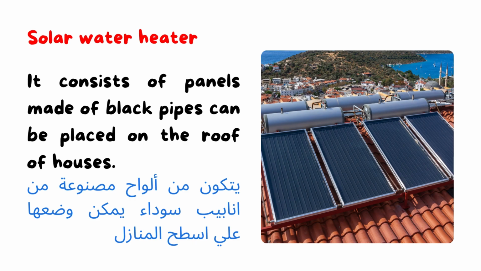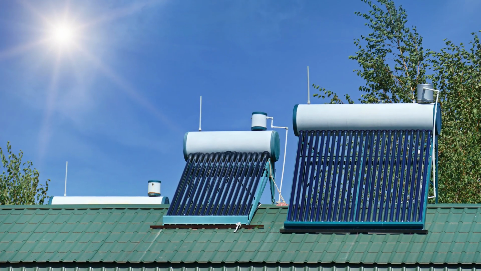Also, the last use that we will talk about is the solar water heater, as we can heat water by using the solar water heater. It consists of panels, okay, made of black pipes, that can be placed on the roof of houses, okay? And how these panels work, we will see.